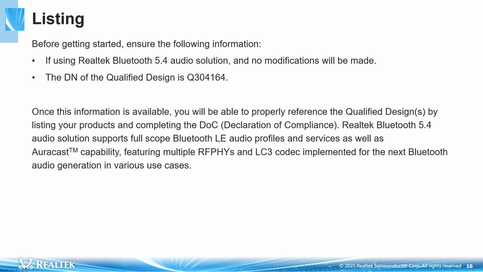Declaration of compliance: declare that your product is a direct implementation of the design certified under CDID Q304164. Product information: provide details about your product, including its name, model number, and supported Bluetooth features. Reference to CDID Q304164: clearly state that your product is based on the design certified under CDID Q304164.